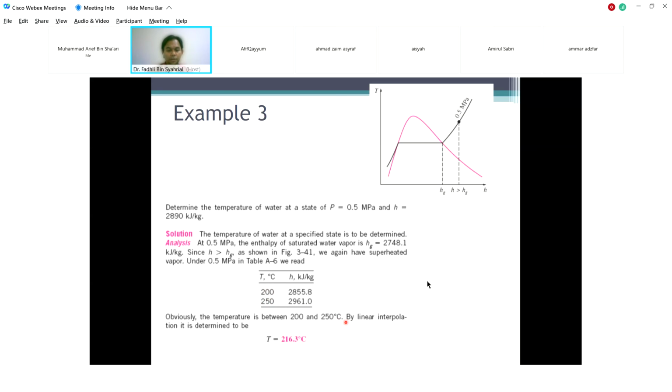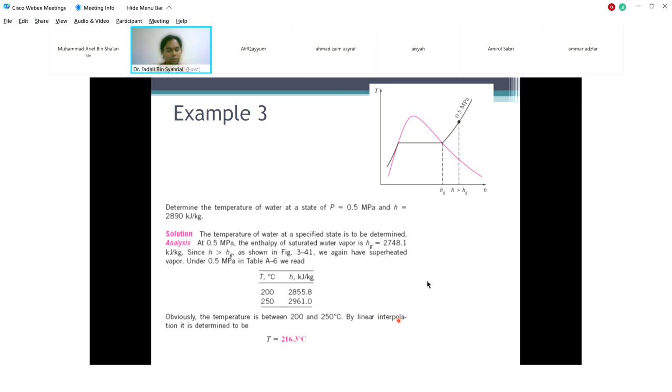So by using linear interpolation, you can find the temperature, which is 216. I'm not going to show you how to do the linear interpolation. I think you have learned about it in engineering mathematics.